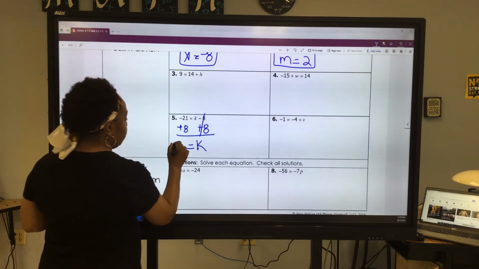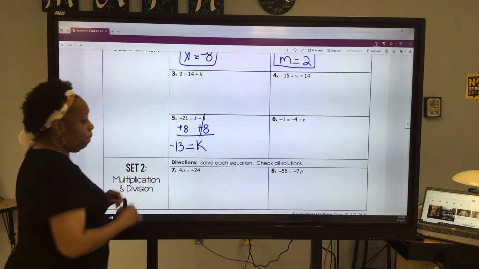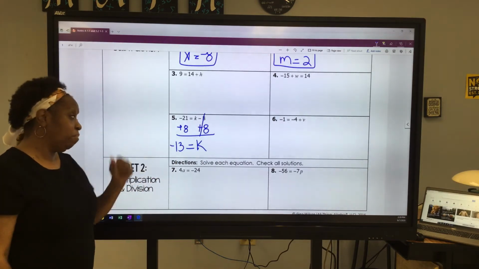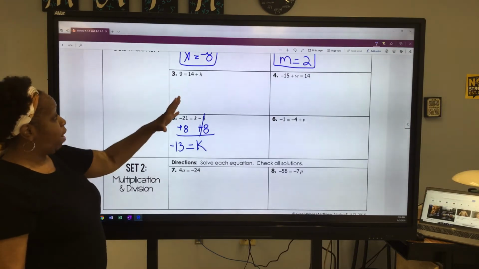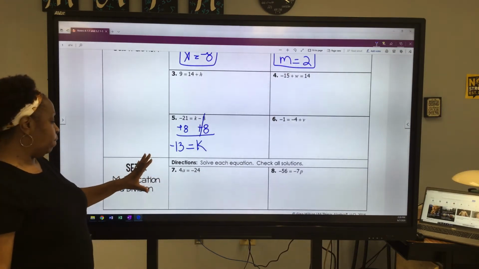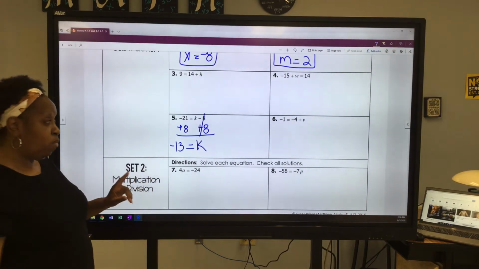Right, that's going to be 13, but is it positive or negative? You're right, it's going to be -13 because my larger number is negative. Very simple, so k equals -13. So this is using addition and subtraction to solve one-step problems. Now we're going to do the second part, and we're going to use multiplication and division to solve one-step problems.